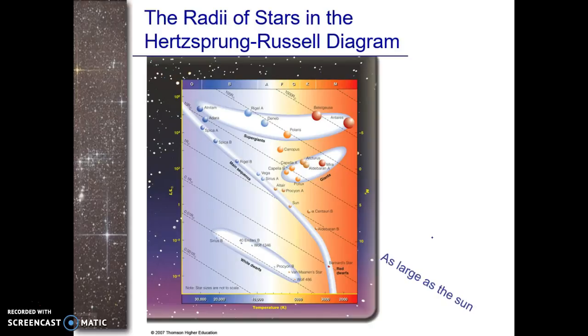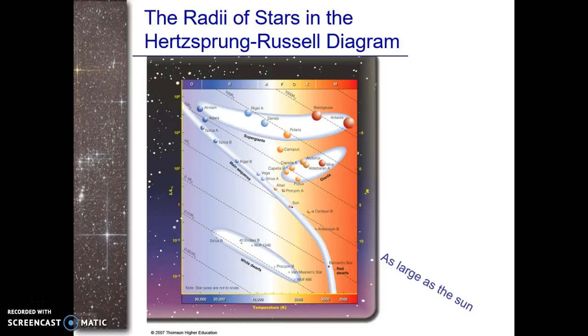Now the radii, or the size of the stars, in the HR diagram. These straight dashed lines that are diagonal and slanted going down: all of the stars located along one of those lines have the same radius. Here we have 1R with a little circle after it. Any star along this line is about the same radius as our sun.